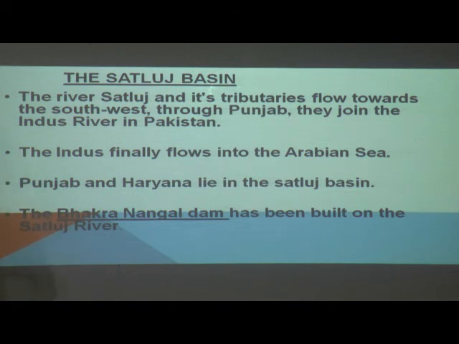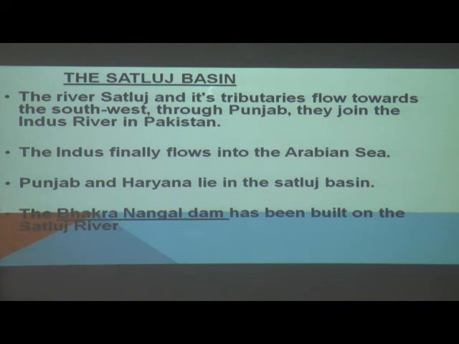When they join the Indus River, how do they go first? Through Punjab they will go. In which direction? South to west. Now tell me, where is Punjab? Punjab is in the west direction, correct? From south to west it goes through Punjab and then joins the Indus River. Now tell me, where is the Indus River? In Pakistan, our neighbor. It passes through the Indus River in Pakistan, and finally it joins the Arabian Sea.